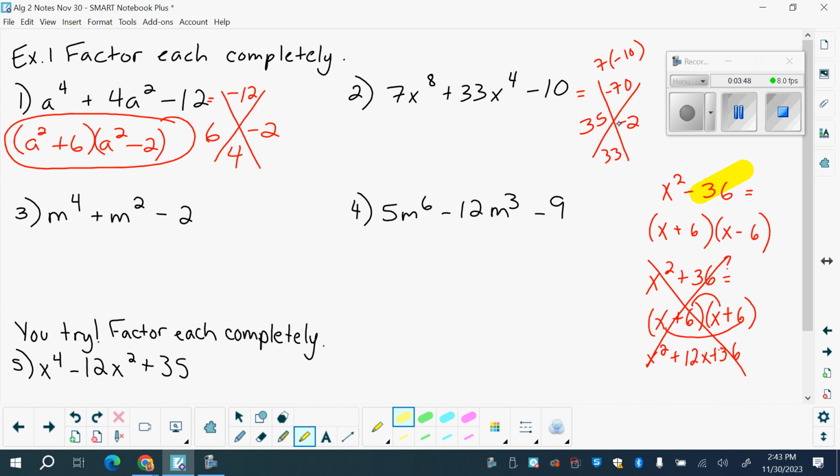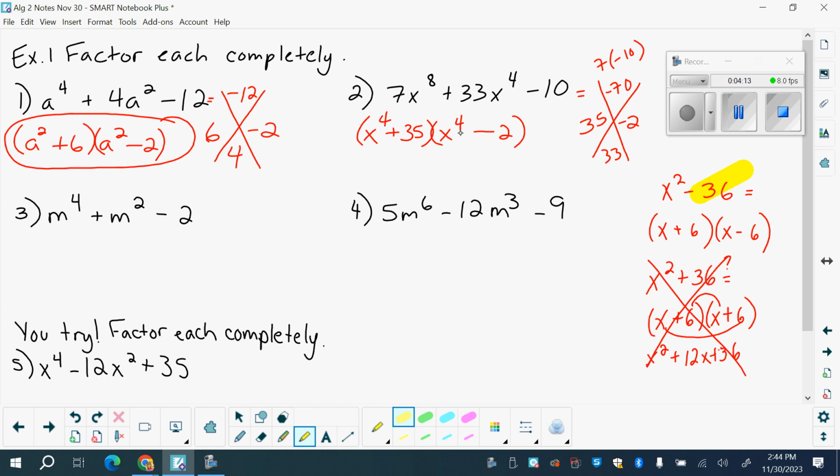Yep. So we have here positive 35, negative 2, and then x to what exponent? X to the 4th.